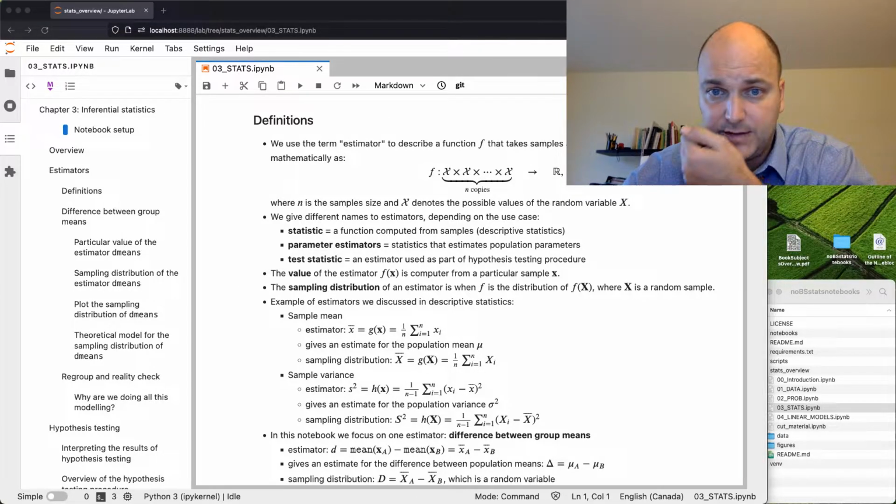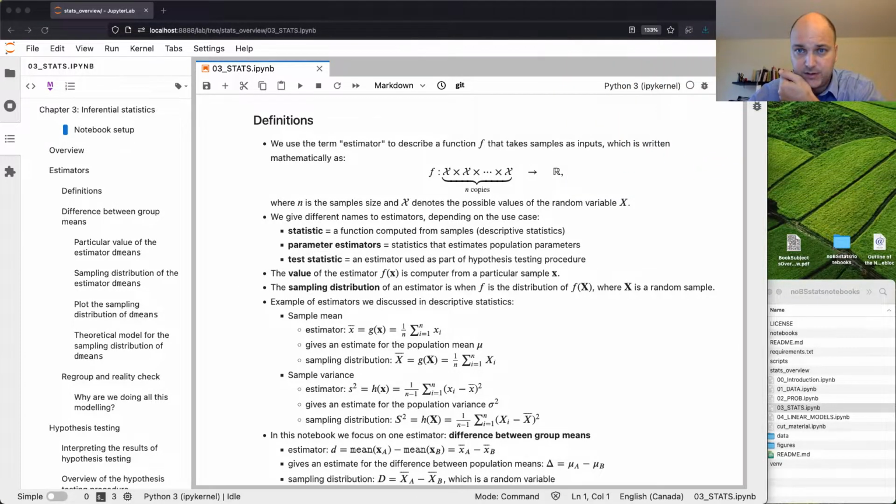At this point, the video doesn't need to be this big. Okay. So when I say estimator, you just think about a function, the same functions you know from high school math. It's just a function computed from samples. So this is a sample of size n, and it gives you a number. There are all kinds of names we already know for estimators.